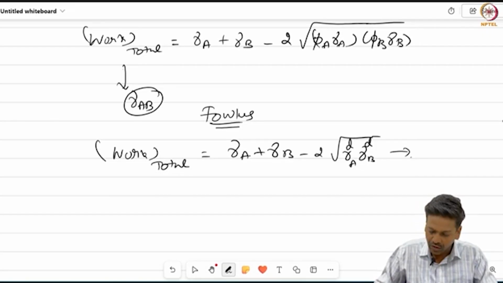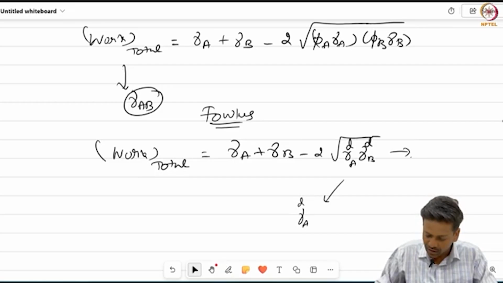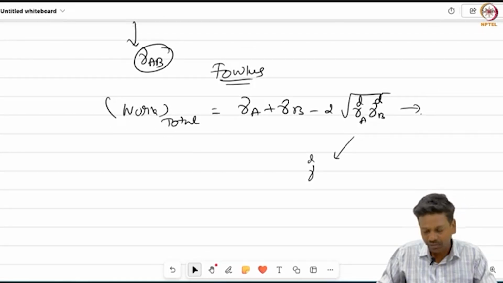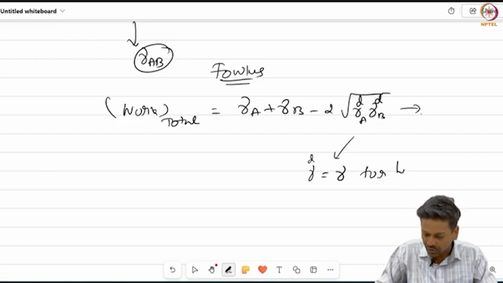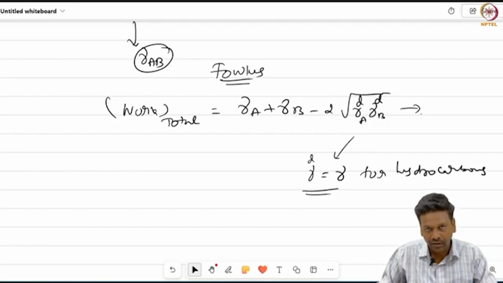He has proposed the gamma D for several molecules based on his method. The advantage of this method is that gamma D is the same as gamma for hydrocarbons. We will see this when we solve the problem in the tutorial section.